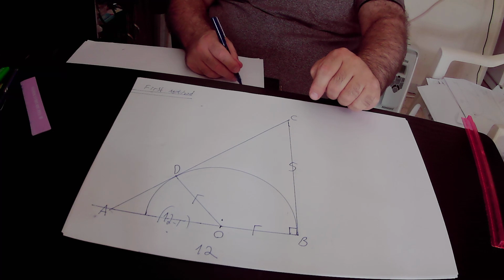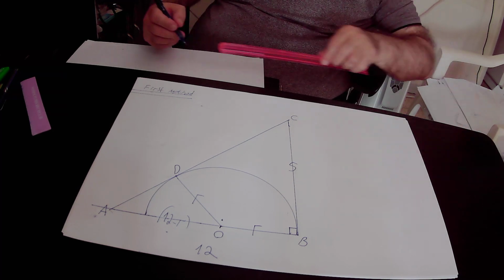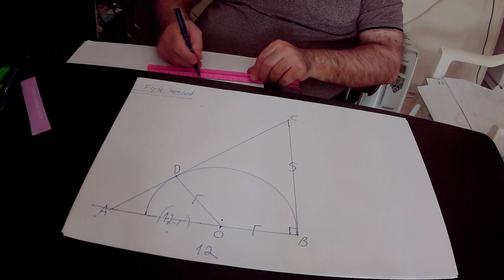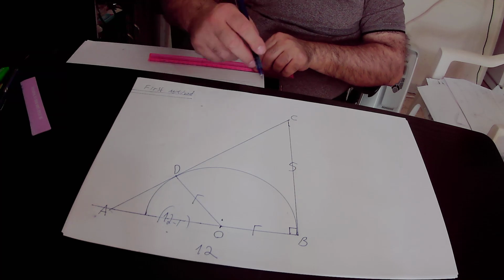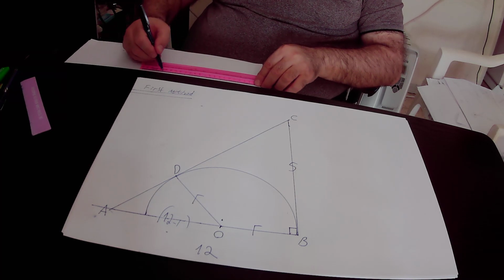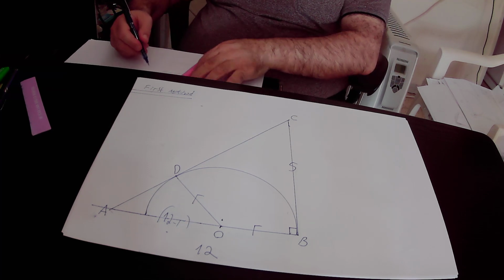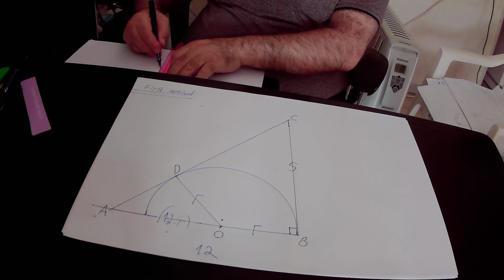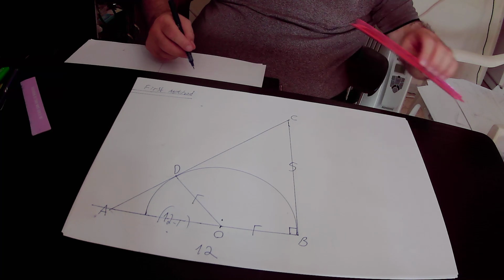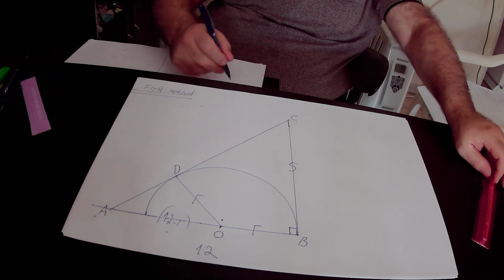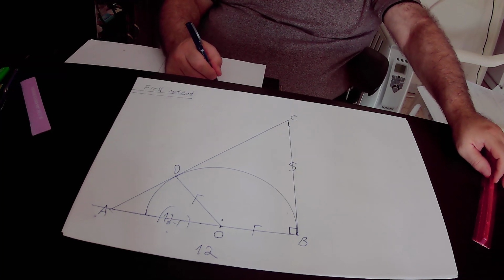The hypotenuse in the right triangle ABC is AC. So the square of the hypotenuse is AC squared.